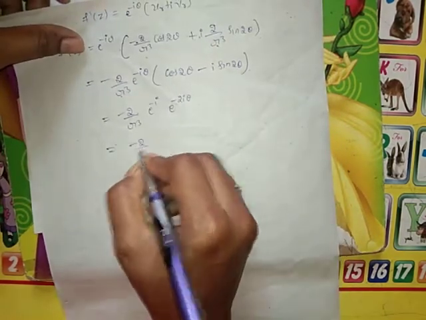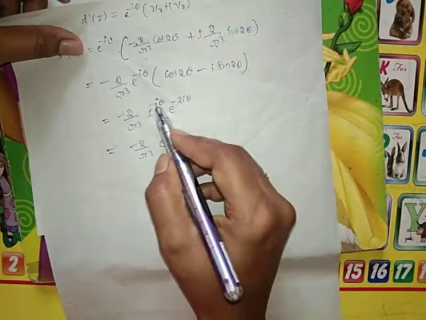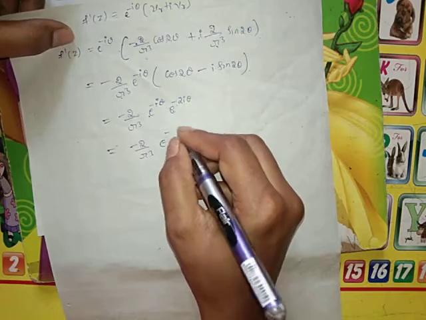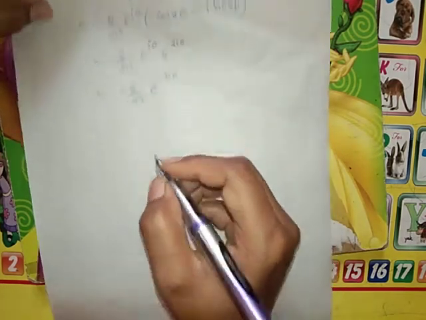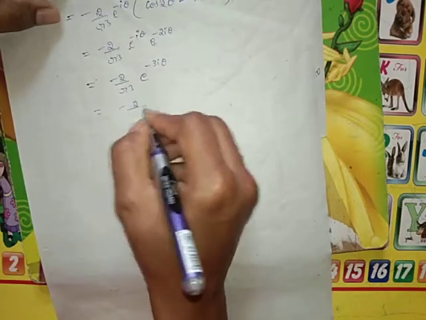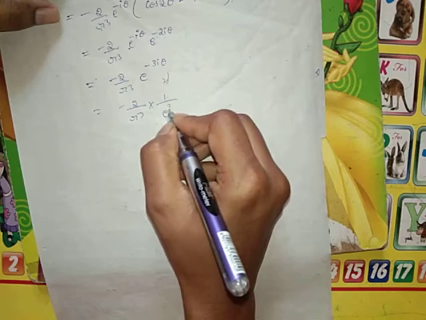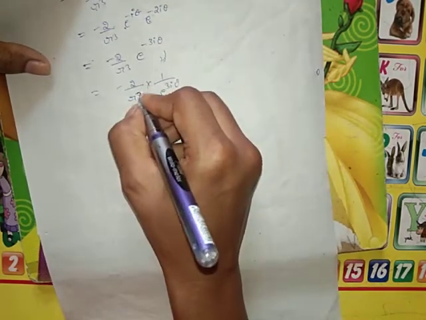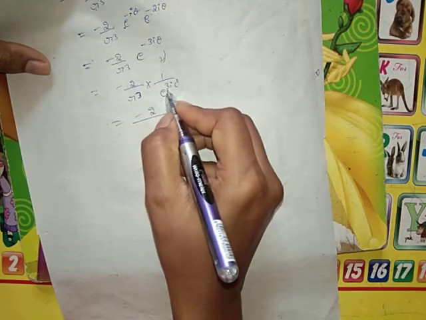Now, minus 2 by r cube into e raised to minus I theta into e raised to minus 2I theta becomes minus 3I theta. So, minus 3I theta can also be written by taking it into the denominator, 1 by e raised to 3I theta. Now, minus 2 divided by, here also r cube, here also it is a power of 3.